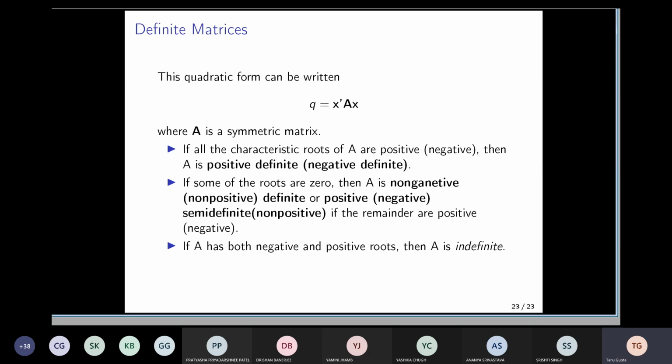And if a matrix has both negative and positive eigenvalues, then we say that A is an indefinite matrix. That's it. That's how the characteristic roots and definiteness are related to each other.